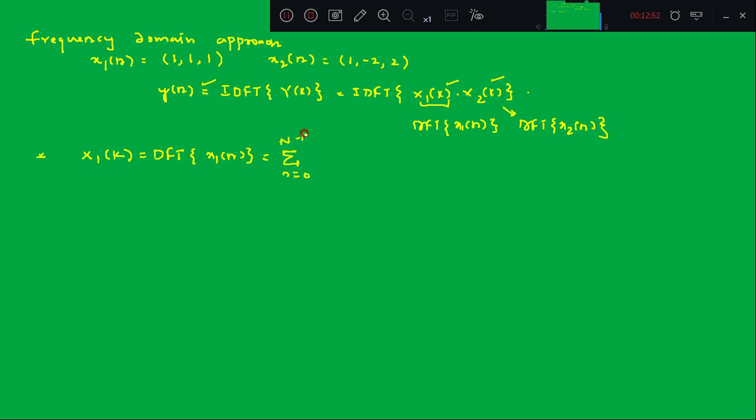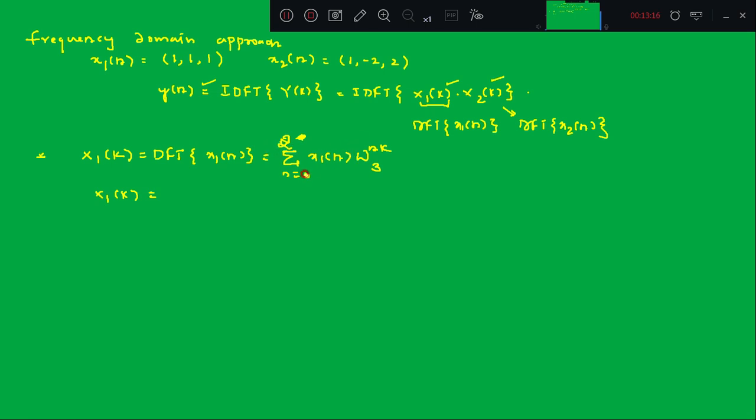What is N here? N is 3, so N minus 1 is 2, and here it is x1 of n W3 raised to nk. So X1 of k is equal to, substitute n is equal to 0 to 2.